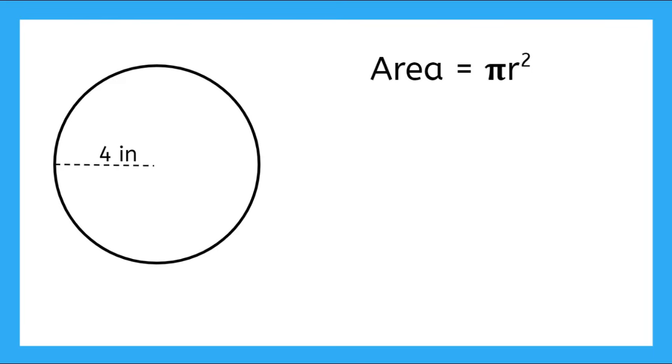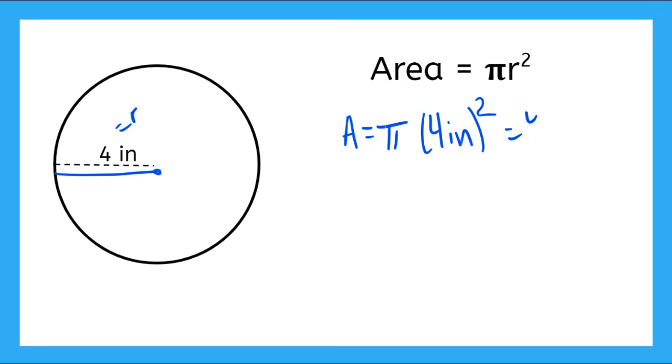So I have this distance given to me here, which goes to the center of my circle, so I know that this is equal to my radius r. So I can plug that into my formula here. Area is equal to pi, and then my radius, which is 4 inches, squared. And so now this is telling me I have 4 inches times 4 inches. That's what my squared means. So if I multiply my 4's together, I get 16. And if I multiply my inches together, I get inches squared.